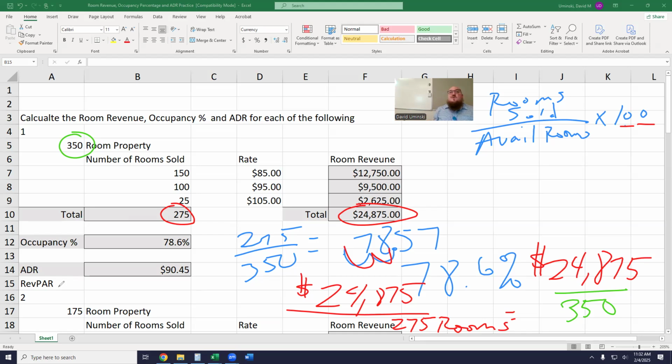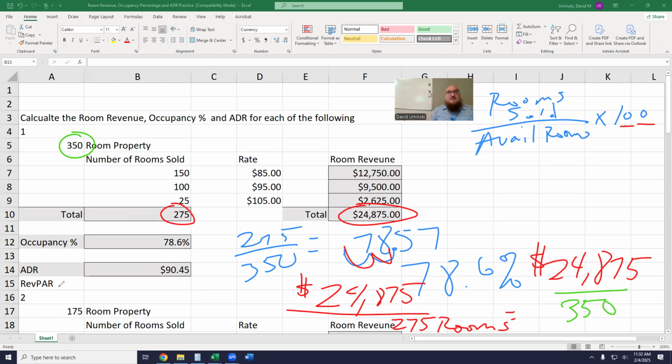RevPAR is always smaller than ADR, except for one condition: if we're sold out. Then we're dividing by the same number of rooms. If we're at 100% occupancy, then the numbers match.